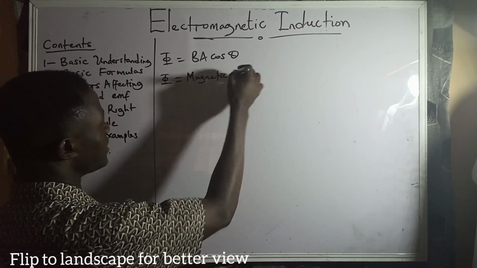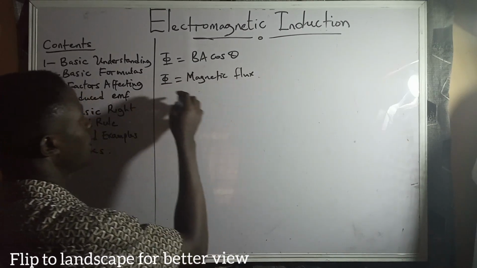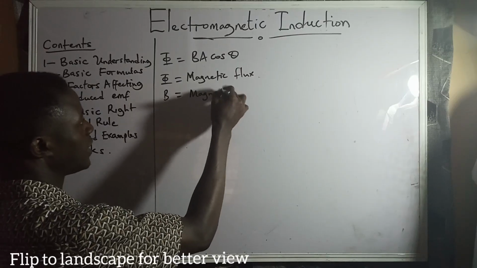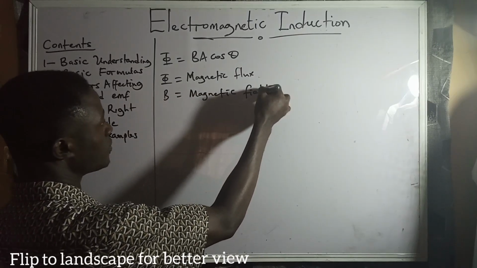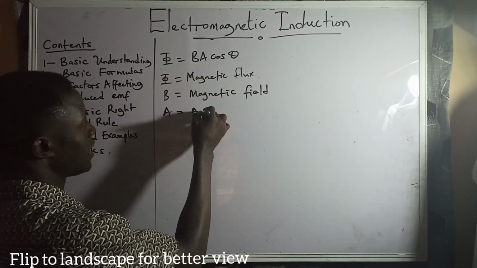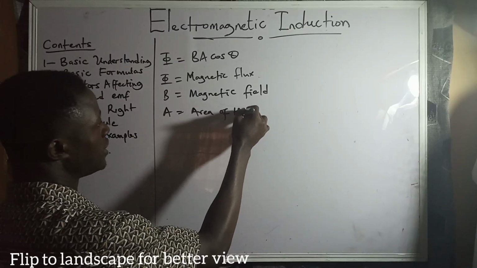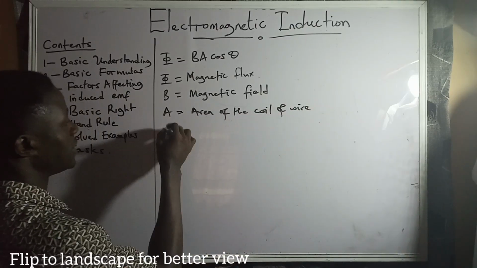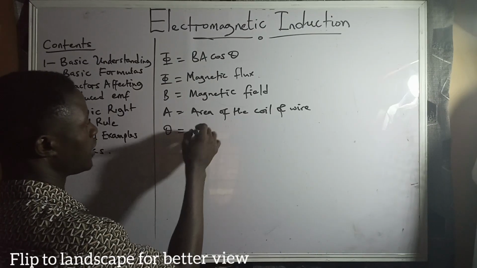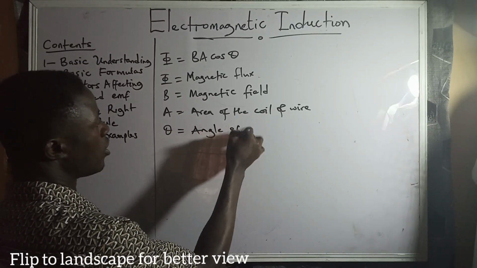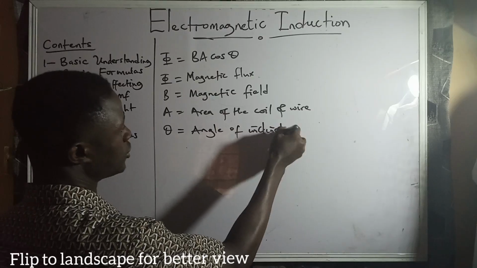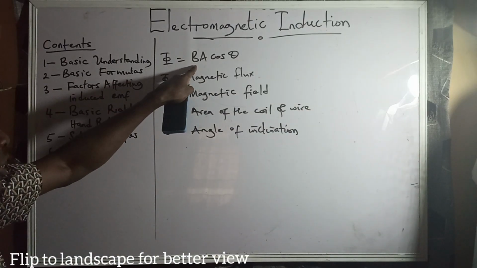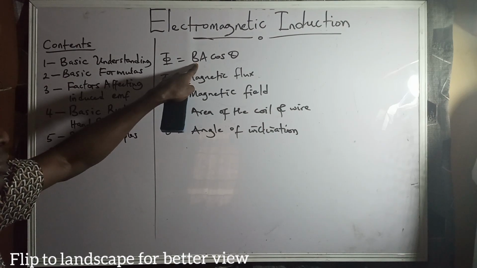So this is magnetic flux, and this B stands for magnetic field. A is the area of the coil of wire. Then theta is the angle of inclination. So this is very important. I want you to keep it somewhere.